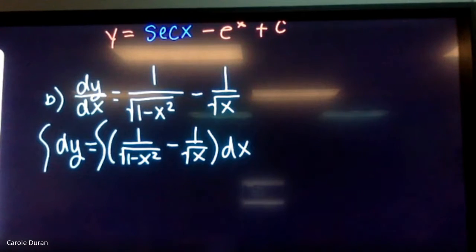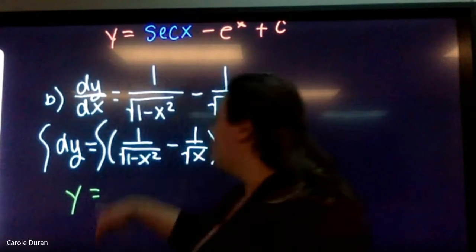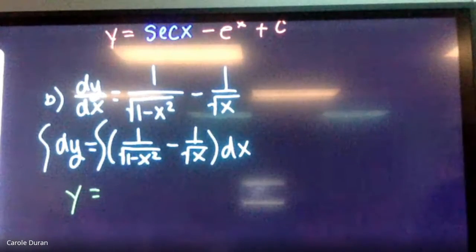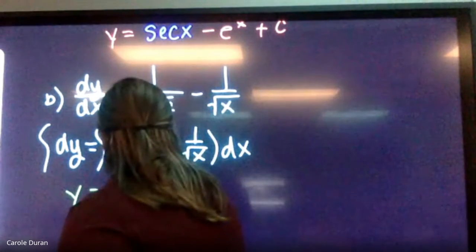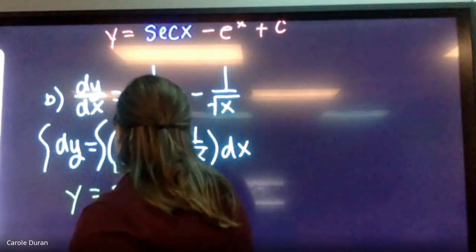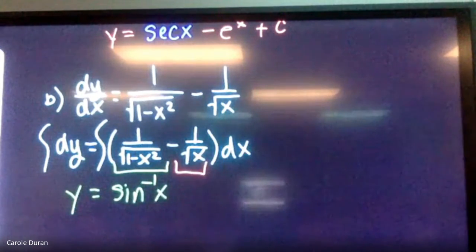Okay, Deanna, I heard the first part of this. What is the antiderivative of 1 over the square root of 1 minus x squared? Sine inverse. Good. So that was this portion. Now we just need to find the antiderivative of that portion.